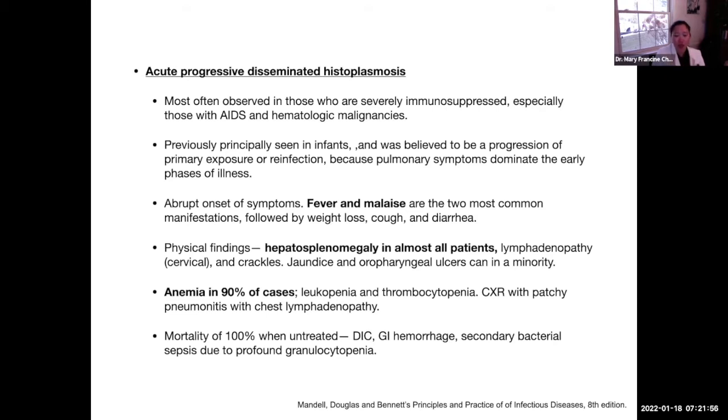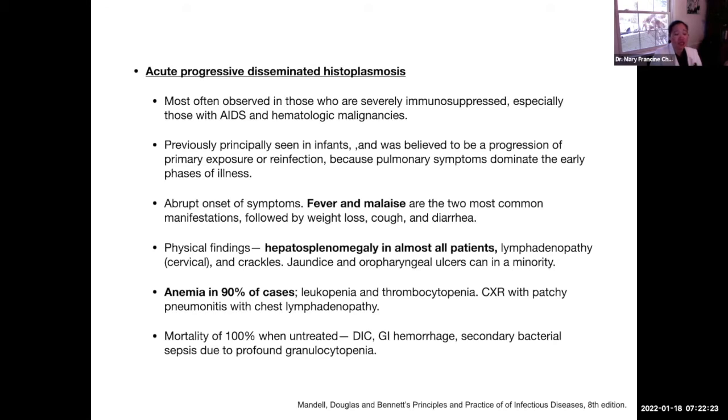You can see jaundice and oropharyngeal ulcers in some, but not in a lot. For your lab findings, anemia in 90% of cases. There can also be leukopenia and thrombocytopenia. So essentially, your cytopenia of all cell lines can happen. Chest x-ray with patchy pneumonitis and chest lymphadenopathy can also be seen.